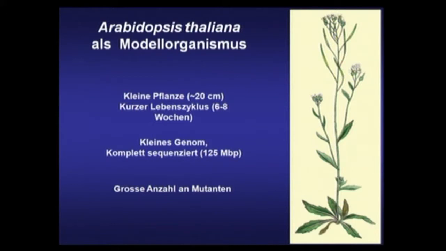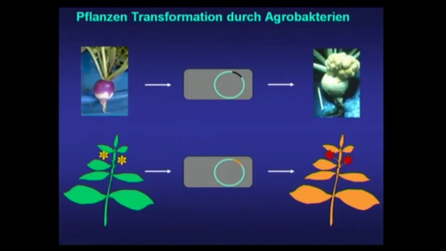We are doing research on Arabidopsis thaliana. We like that research object very much. It's small, it grows fast, and there are so many mutants of this plant. And we can transform the organism. Genetic transformation is possible.